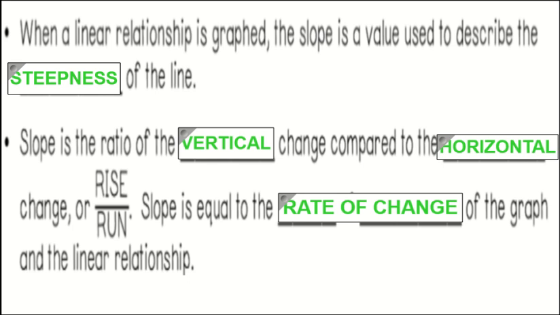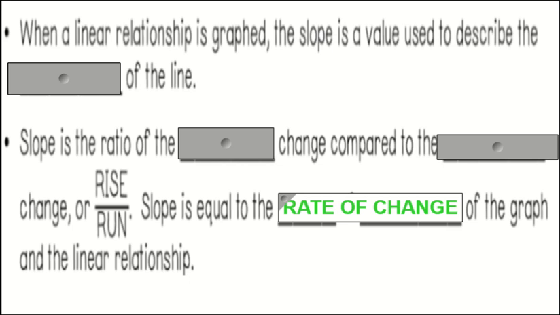Unit rate you did a lot last year and did some in 6th grade. Unit rate is a type of slope, okay? Rate of change goes with slope. Basically, if you see the word rate, it's usually talking about a slope on these problems. So we're looking at the steepness. We're going to use rise over run when we work with graphs.